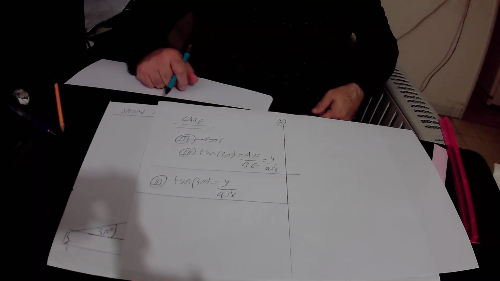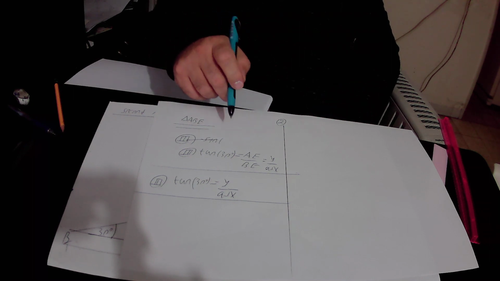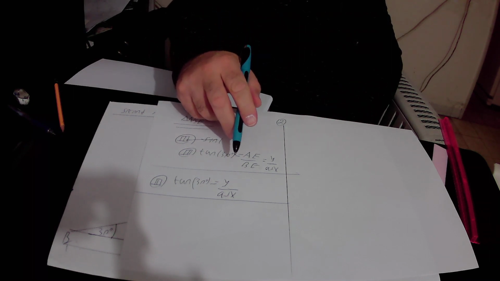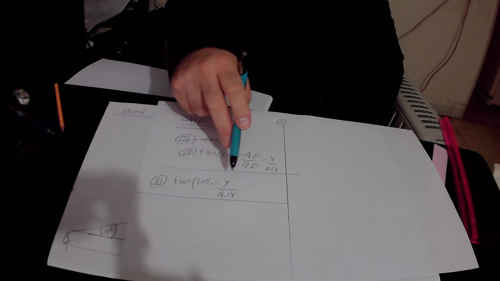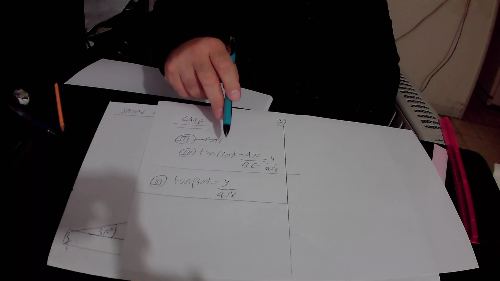According to equation number 1, Y equals X times tangent 80 degrees. And according to equation number 2, A equals X tangent 80 degrees over sine theta.